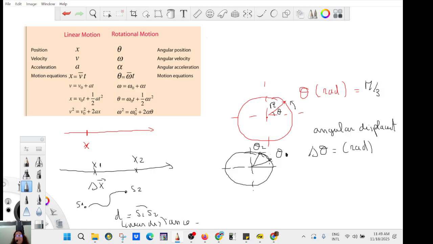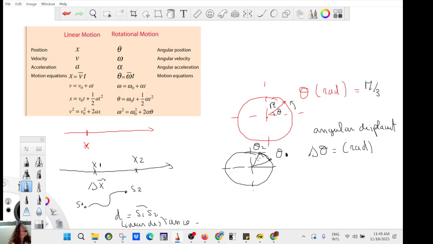For example, you go from this angle here, 20 degrees to 80 degrees. 20 to 80, that will be 60. So pi over 3 will be the angular displacement.